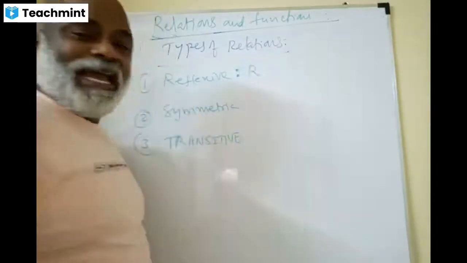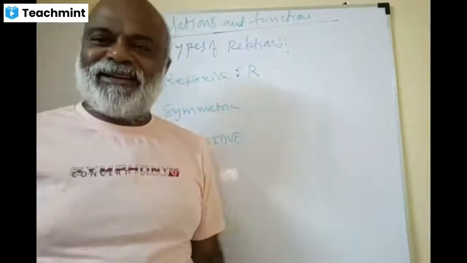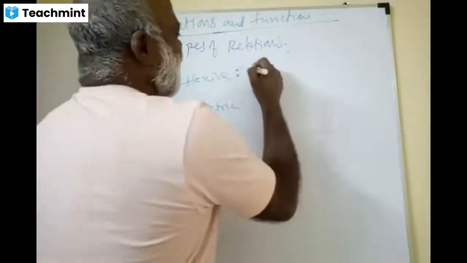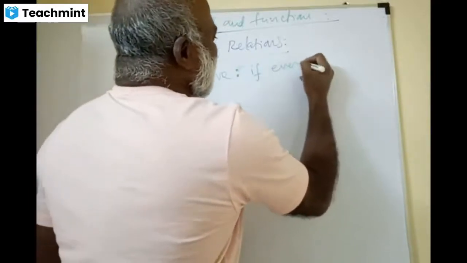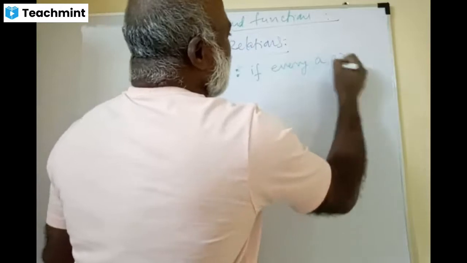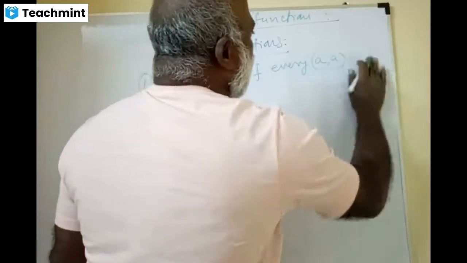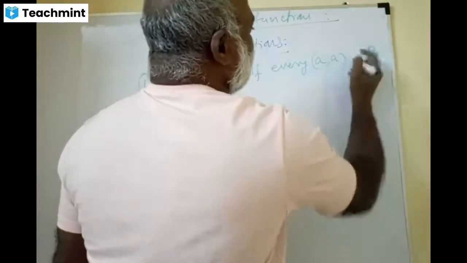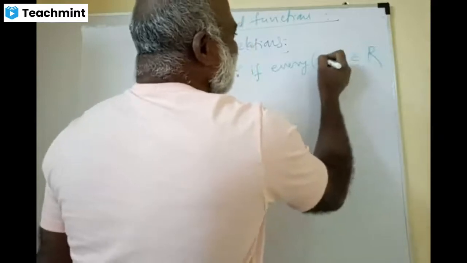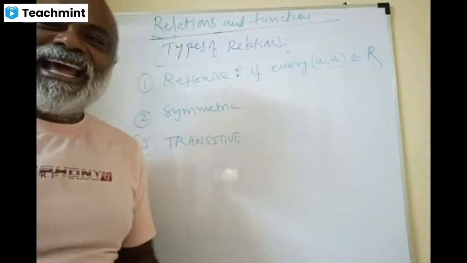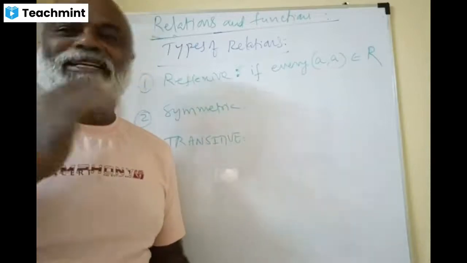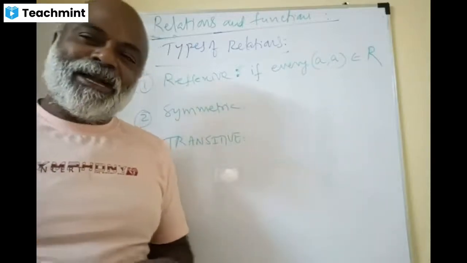R is said to be a reflexive relation if every (a, a) belongs to R. It's a reflection, right? a is reflected as a. That is called a reflexive relation. Clear?